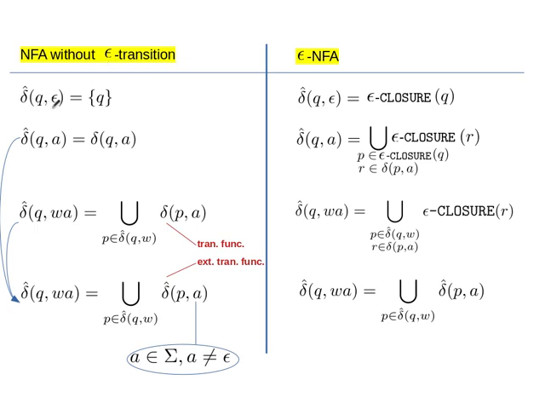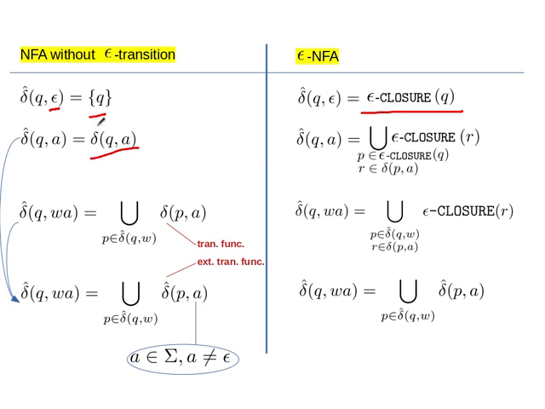If you are calculating the hat for the empty string, it's just the same state that you can reach. But here, since we have epsilon transition, we can reach the epsilon closure from Q. And here, delta hat of QA was just delta of QA, and both give you some set, but they were equal for NFA.